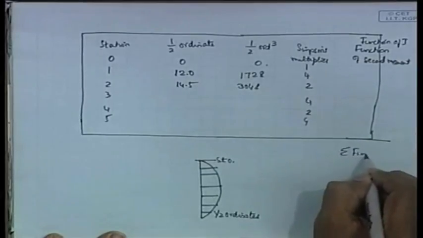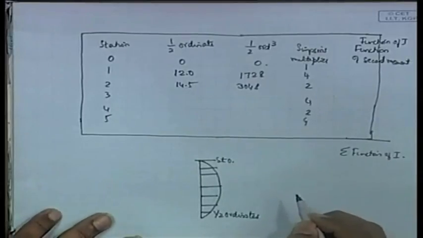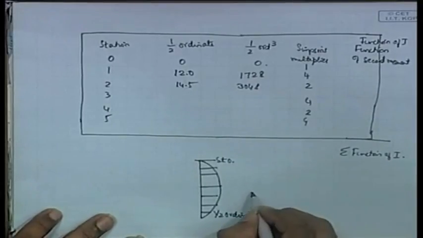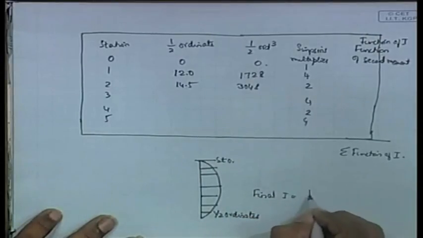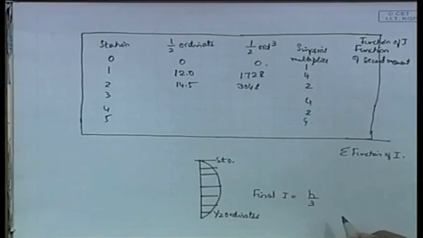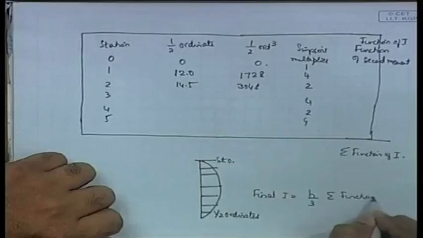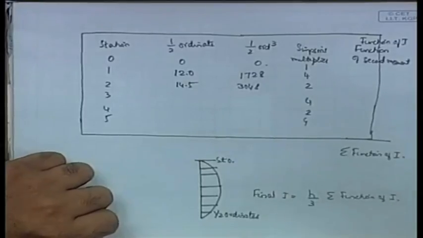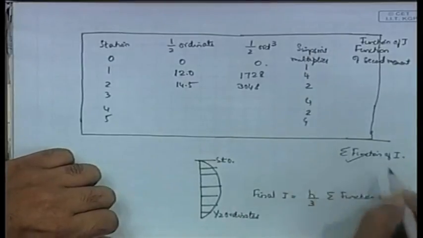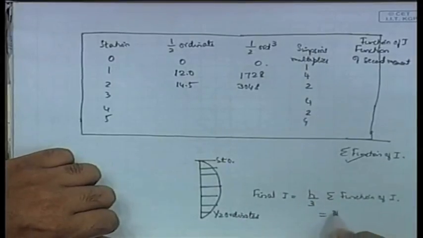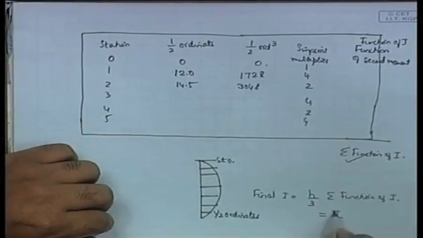Sigma function of I, and to get your total, final I, it will be again h by 3 into sigma function of I. When you do this, you are actually getting the I of the whole body. So this I you need.